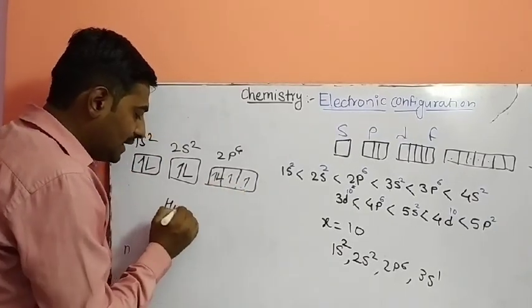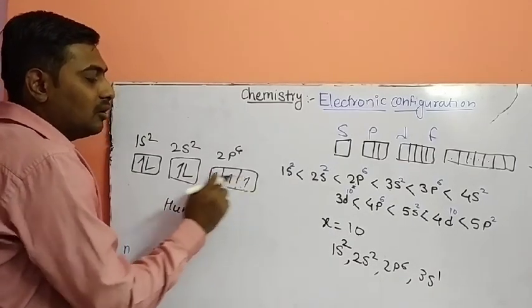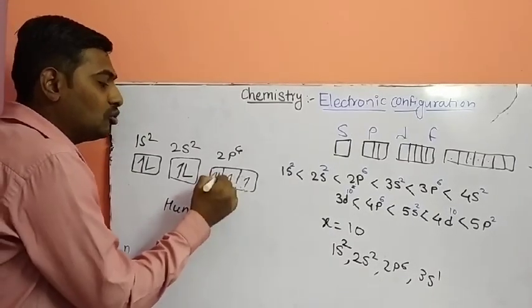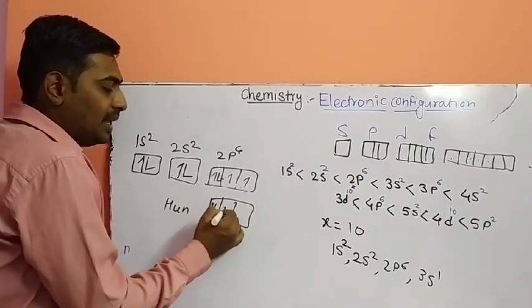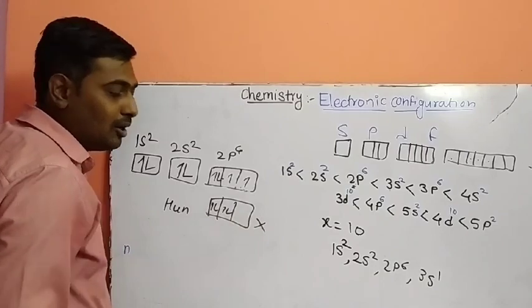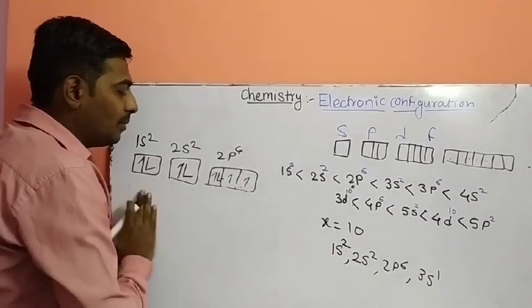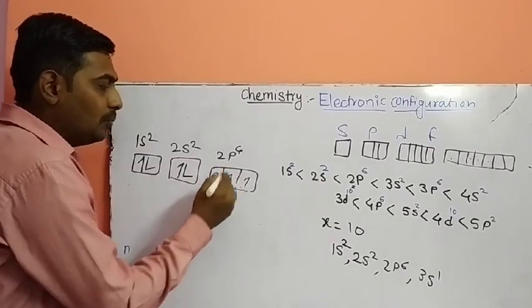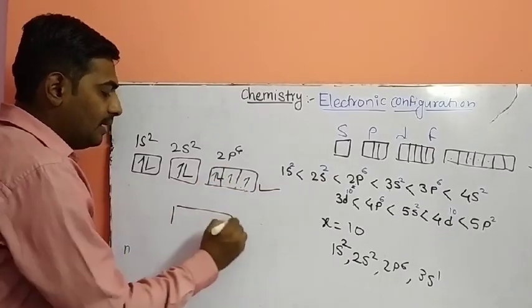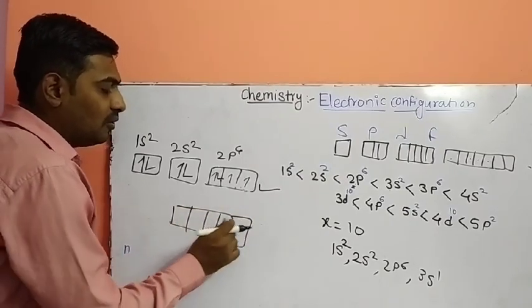Because Hund's rule says that when the orbitals are half filled, right now this is half filled, then we have to start pairing. Initially we did not start the pairing of electrons like this one. This is very wrong, because all orbitals are not half filled. So when all orbitals are half filled in this way, then we have to start pairing. 2p4 is like this way, then the d orbital is like this way, 5 suborbitals, 1, 2, 3, 4, 5.